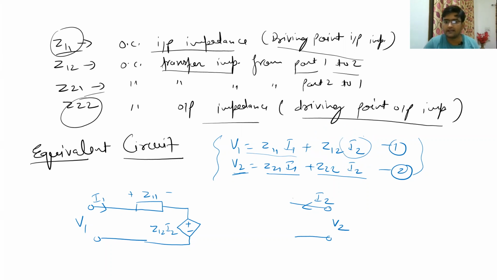I2 is the current entering, and we can directly take this Z22 term as an impedance, right? So the drop will be like this. And now this other term is dependent on the input current, so we are again going to draw a dependent voltage source like this, and its value will be Z21 into I1, right?